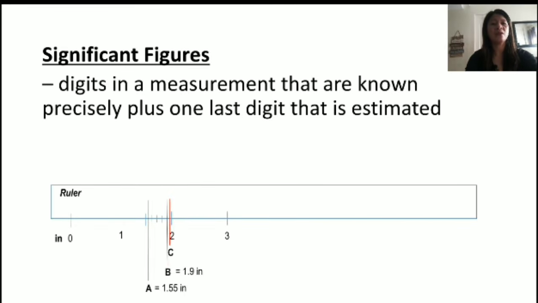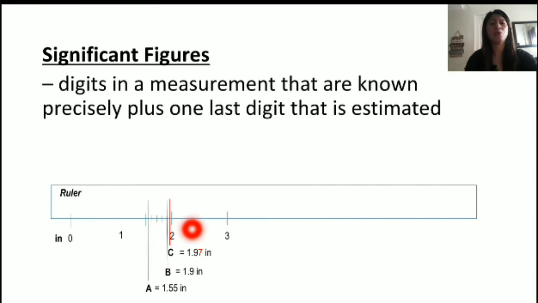For the third measurement, you will notice the measurement does not fall exactly at 1.9 or 2, but it is closest to 2, though not exactly marking the 2 inches mark. So for the digits, 1 is precise, 9 is also precise, but it exceeded 9, so it may be 6, 7, 8, or 9.